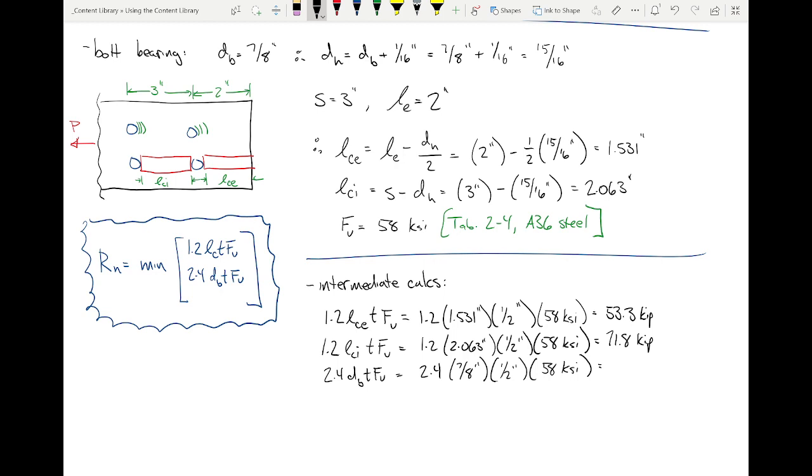They're like mini block shear checks, because you're doing this path in shear and this path in shear. So it's like 2 times 0.6 times the area in shear times FU. This one's empirical. This is just when that hole starts to plastify. It starts to mash up, and yield. 60.9.